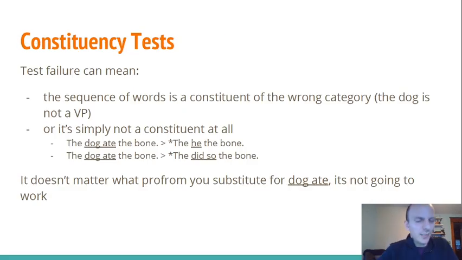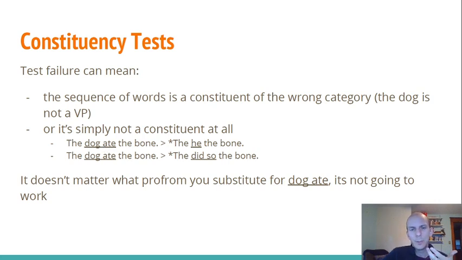Cool. So we're gonna recap real quick, and then I'll end this video with what it means when a test fails. It can mean a couple different things. It can mean that you tested for the wrong sort of category, right? So if we test the dog ate the bone, and we try to put it or he in there, for the bone, I mean, it could just tell us that that's not a DP because we tried to substitute that pronoun in.